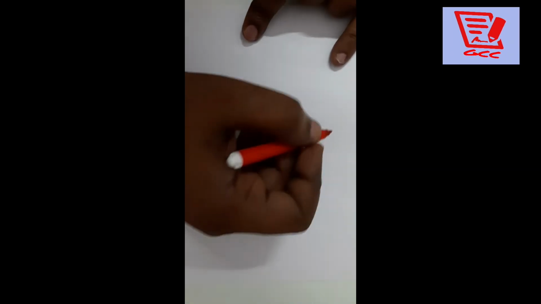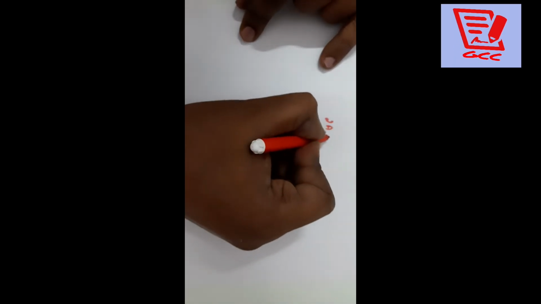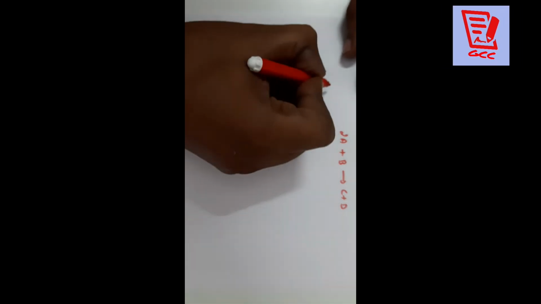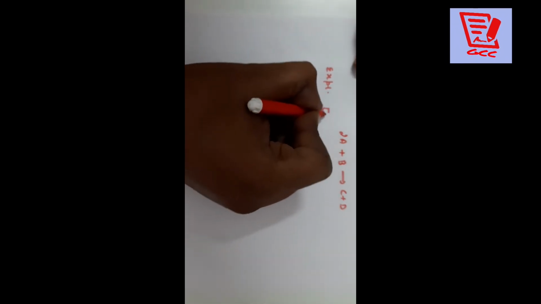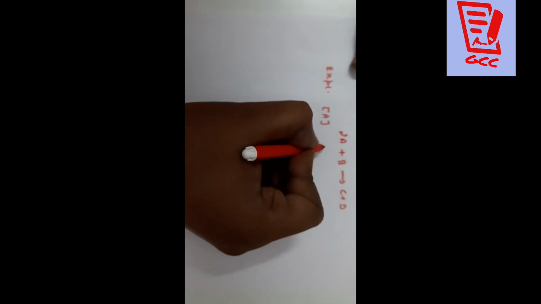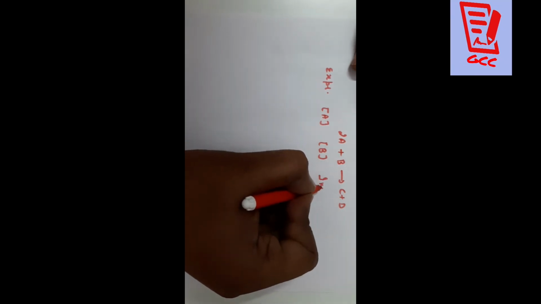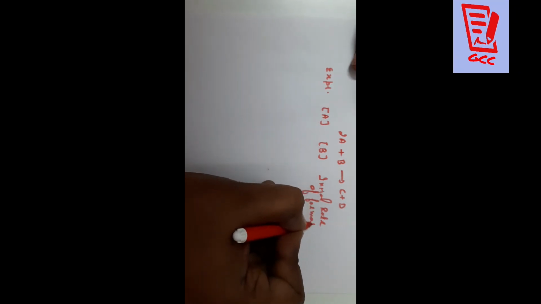I am taking one simple general reaction: 2A plus B arrow C plus D. They have given some experimental values: experiment, concentration of A, concentration of B, and then the initial rate of formation. Clear?